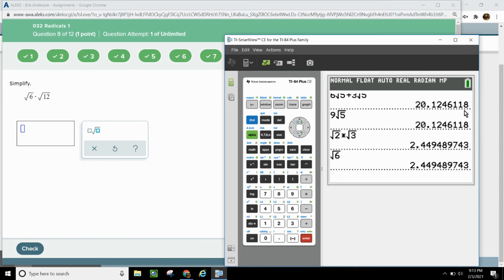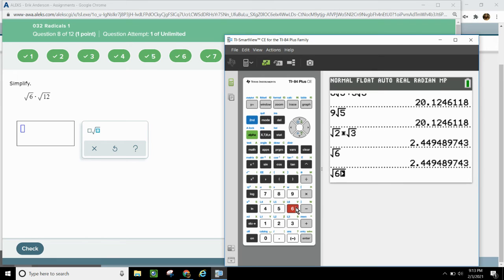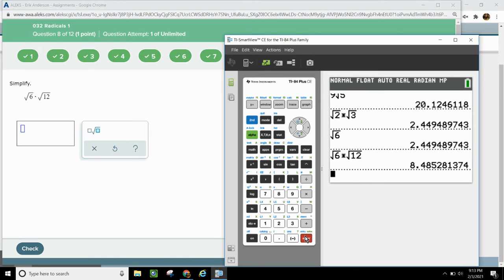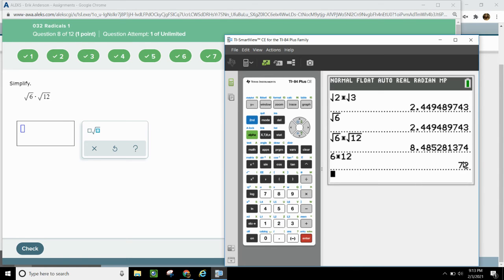Simplify root 6 times root 12. If we do root 6 times root 12, that's going to be approximately 8.5. It's not asking for this value. 6 times 12 is 72, but 72 has a perfect square in it.